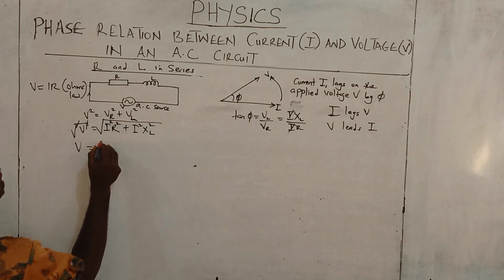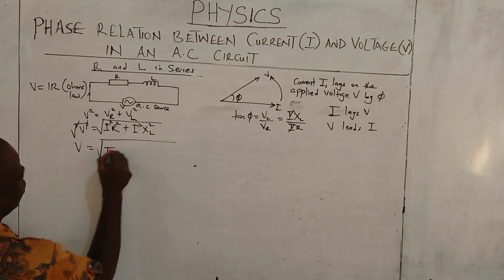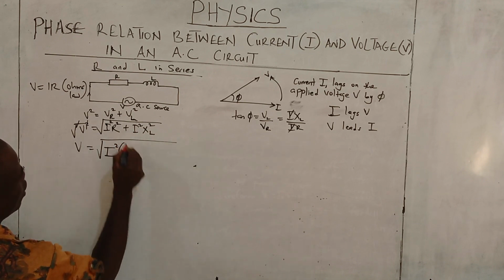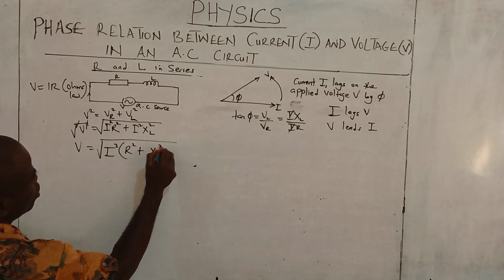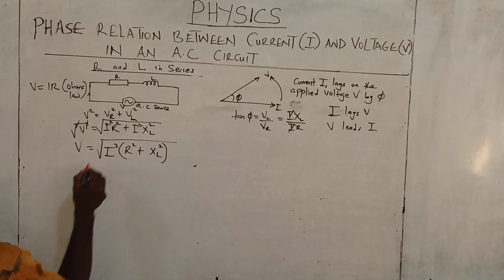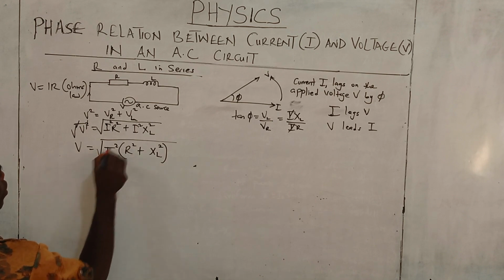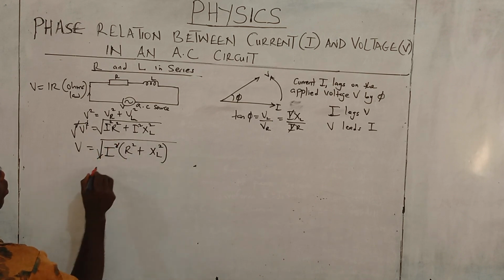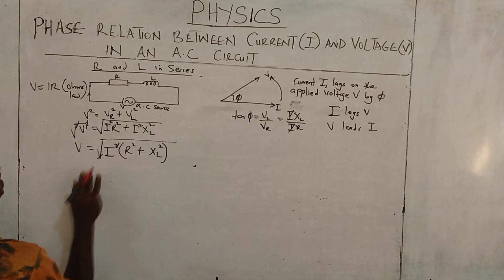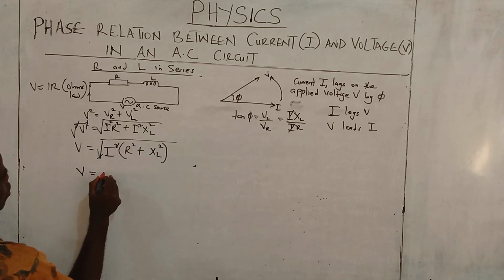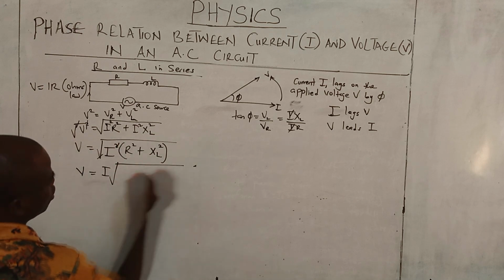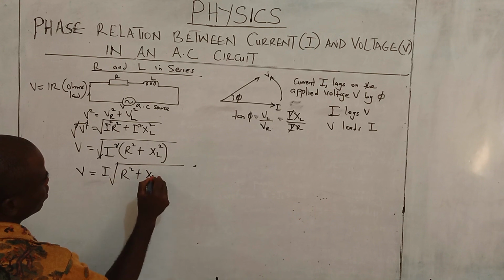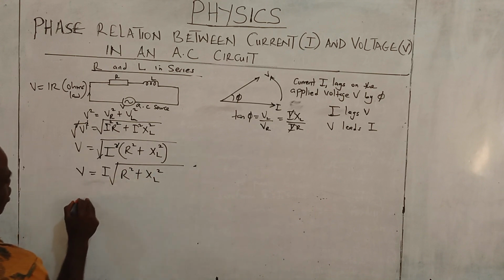V equals the square root of I squared times (R squared plus XL squared). The I comes out, and we remain with the square root of R squared plus XL squared. So V equals I times the square root of R squared plus XL squared.